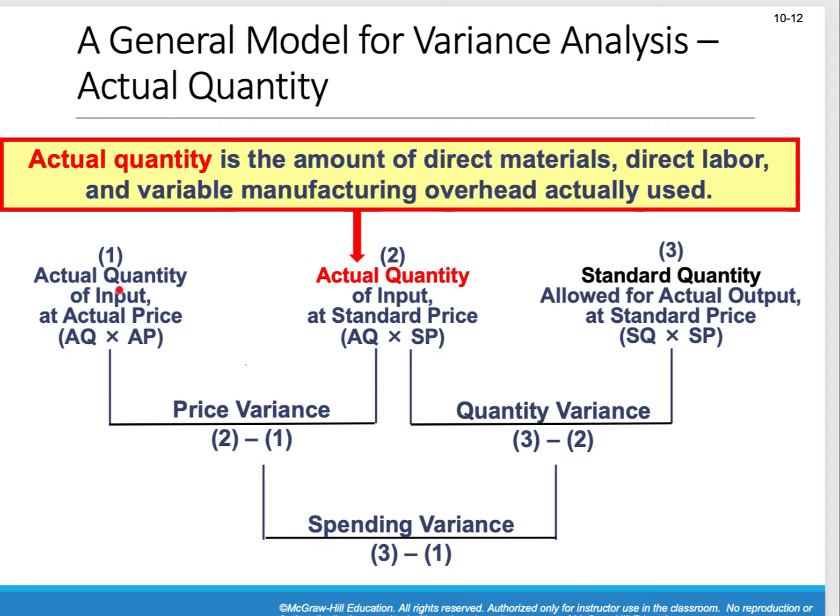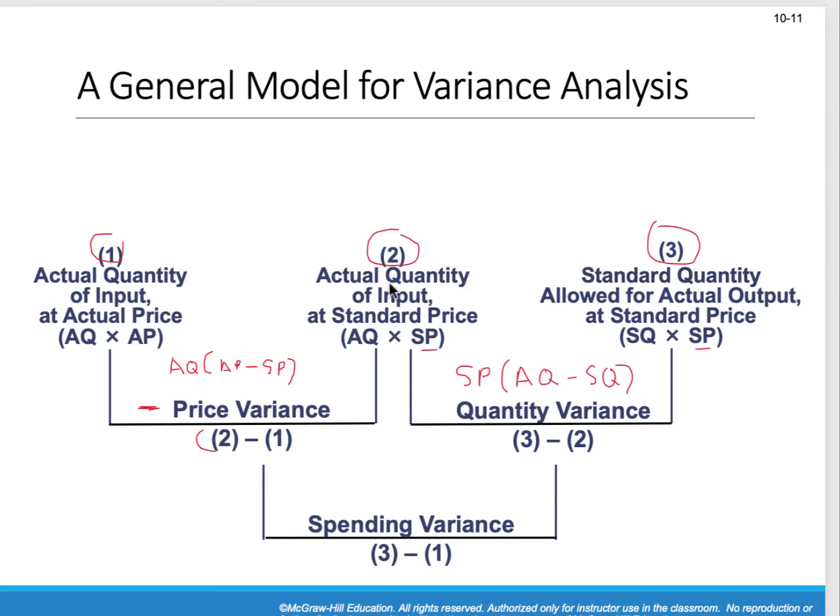So these next few slides just reiterate that verbal explanation, right? Notice that in equation 2, that actual quantity, that's the actual amount of either direct labor, direct materials, or variable overhead, okay?